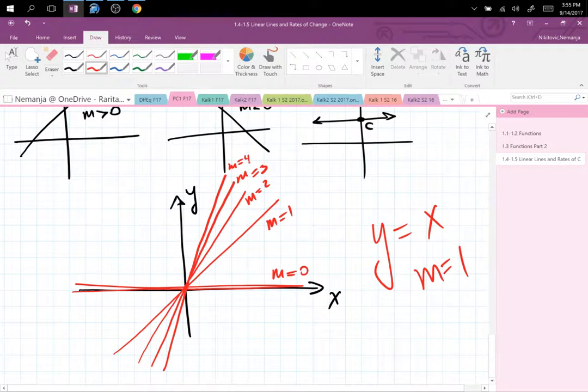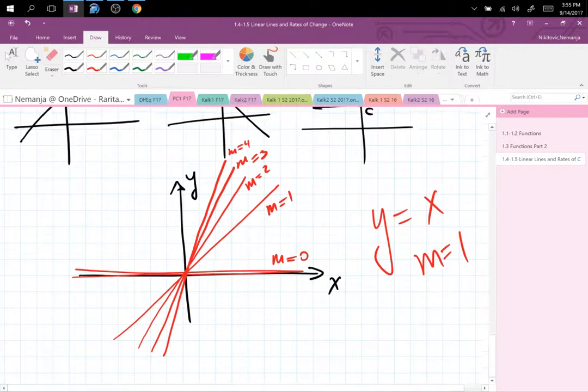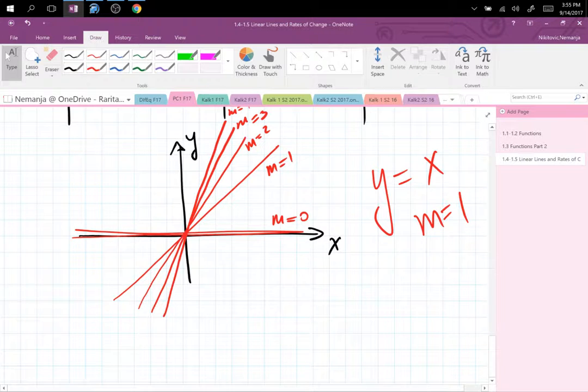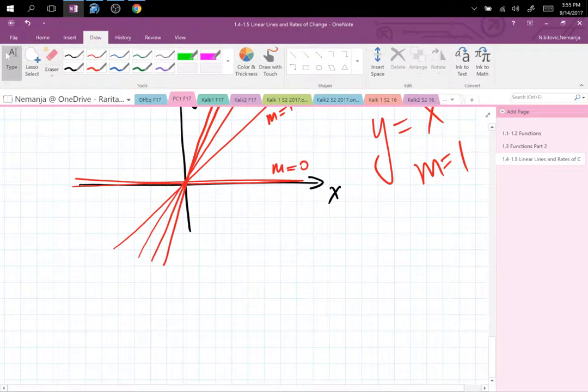So now you use the slope to calculate the pitch of the roof, to calculate the pitch of the roads. The roads, when they are designed properly, are actually calculated to look like this. This is exaggeration, obviously.